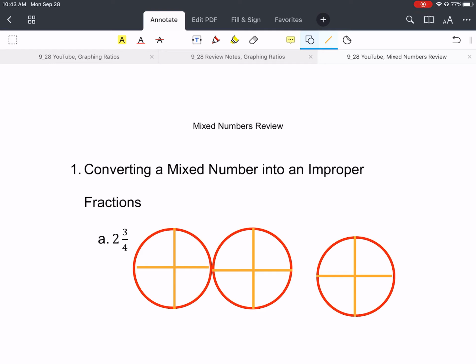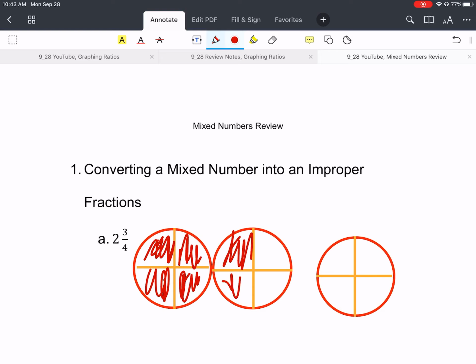So if we have the mixed number 2 and 3/4, that is going to look like this in a picture, right? If we color in our two whole, we'll call them pies, and then 3/4 of the other one. So that is two wholes plus 3/4.